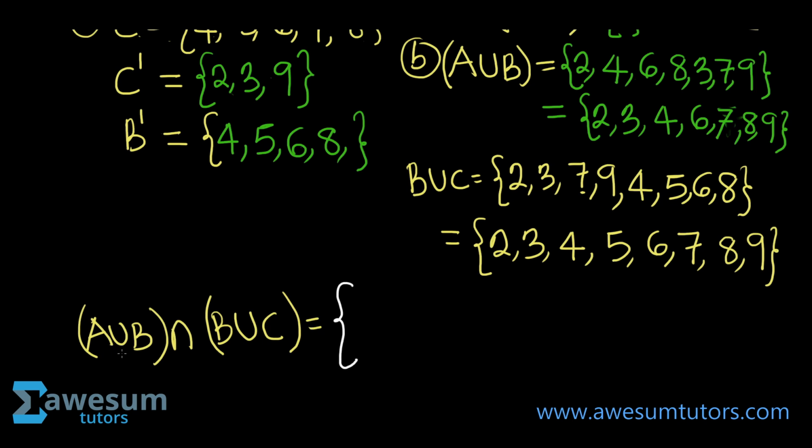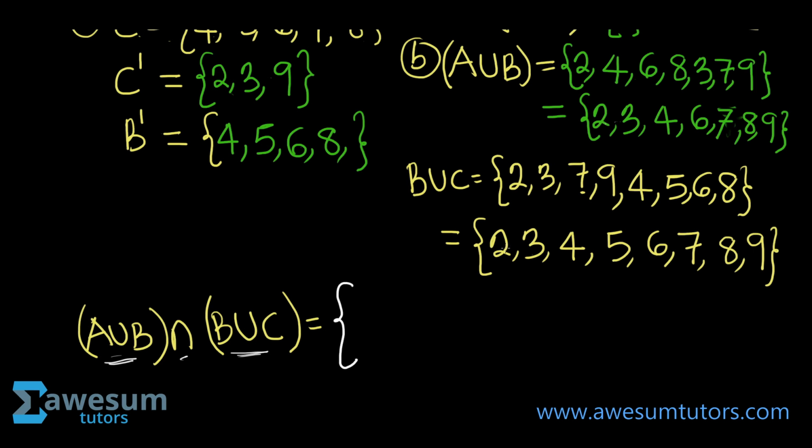So A union B, this is a set on its own. Now B union C, we should also have elements for this, right? So what do they have in common? Let's take a look. And remember, we already arranged, so that makes it easier.